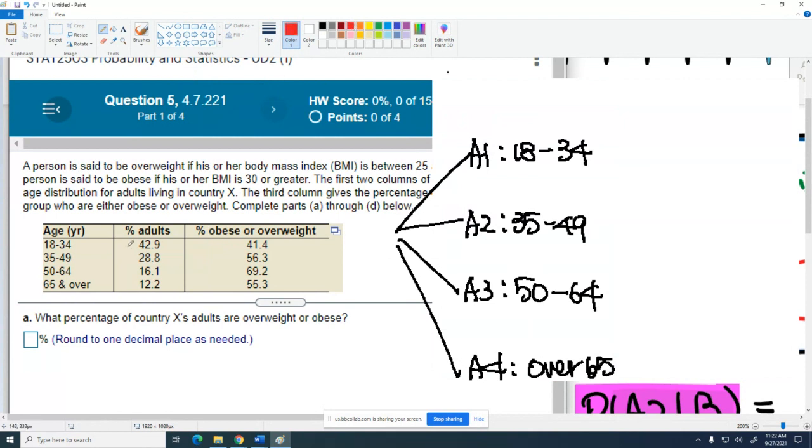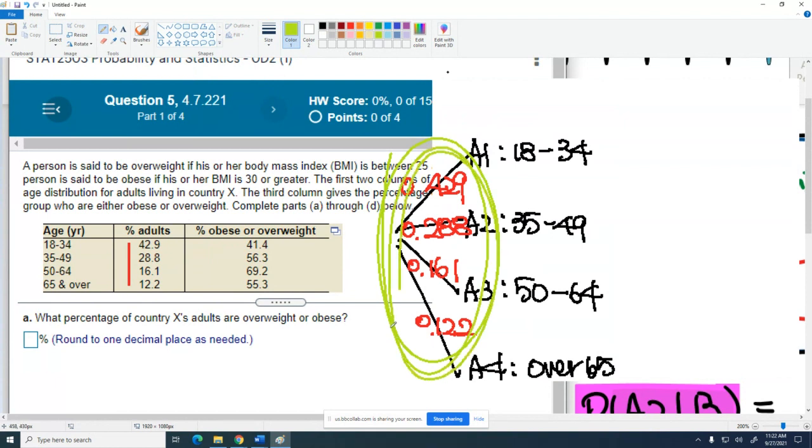And I have to plug the probabilities here: 0.429, 0.288, 0.161, and 0.122. So when I sum up, do you remember that fact? When we sum up the probabilities of the A's, it must be 100%.